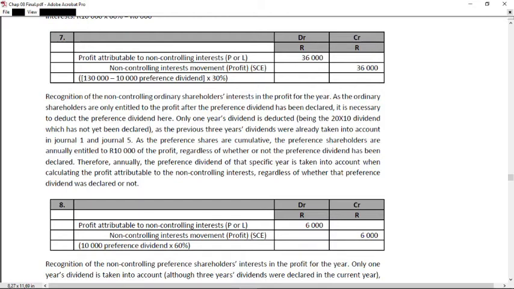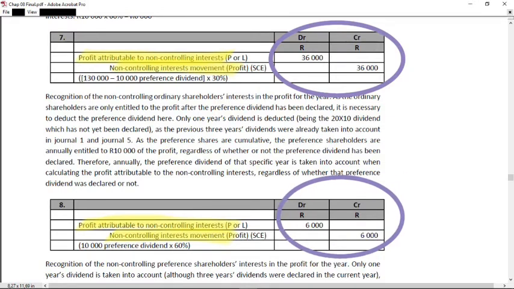Journal 7 is where we attribute the profit to NCI ordinary shares, and there's the 36,000 Rand that we've calculated. And we then have profit attributable to NCI for my NCI preference shares, and there's the amount of 6,000 Rand.